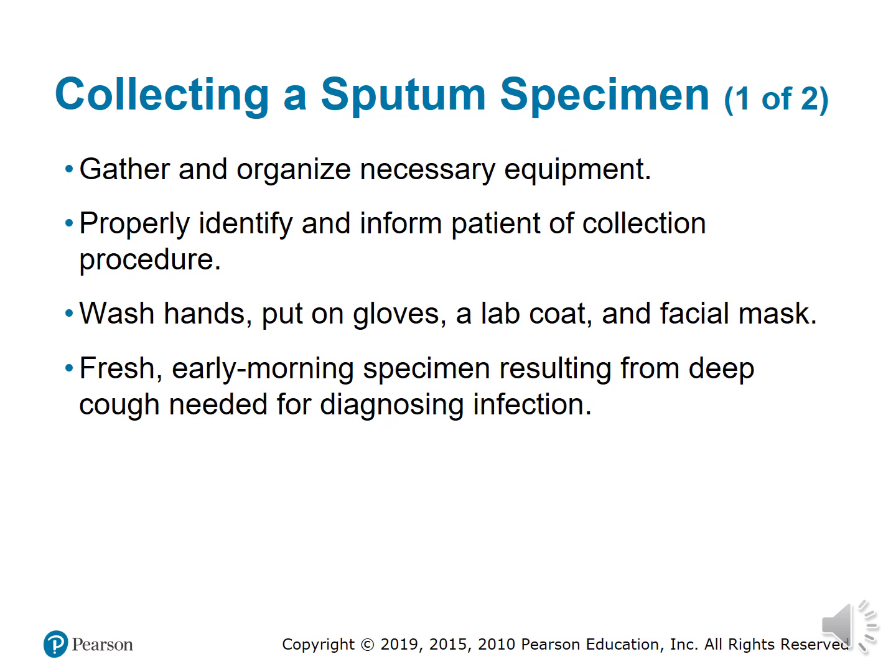And if they have TB, you definitely don't want to be in that environment without the proper PPE because you don't want to contract it yourself. It's an airborne disease. So make sure you're putting on your proper PPE whenever you have to physically collect a sputum sample from a patient. Other than that, if the patient is able to collect on his or her own, we usually just give them instructions on how to collect it properly.